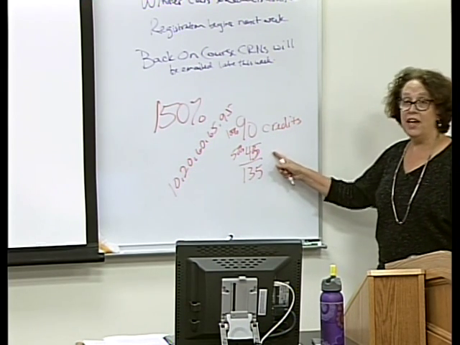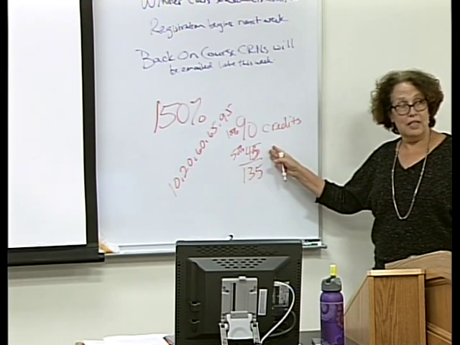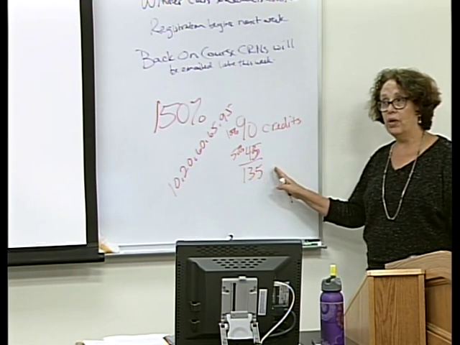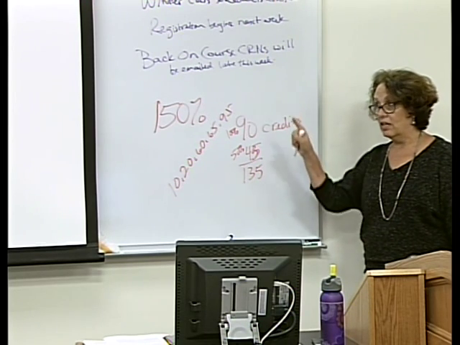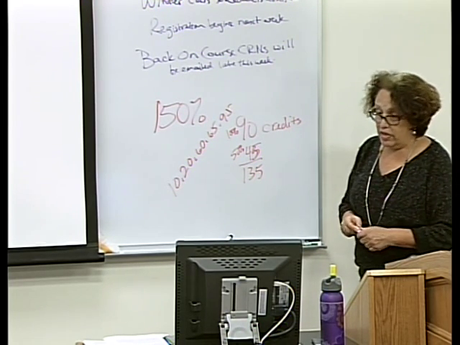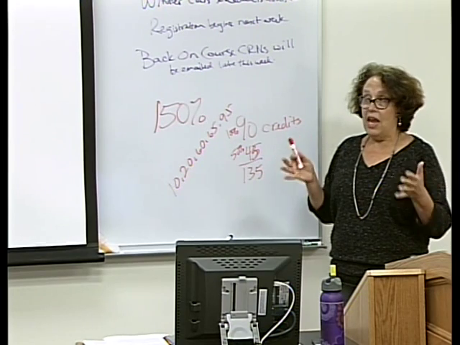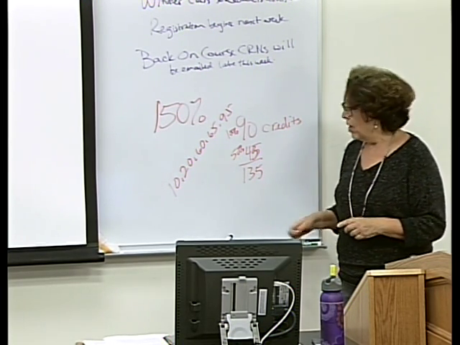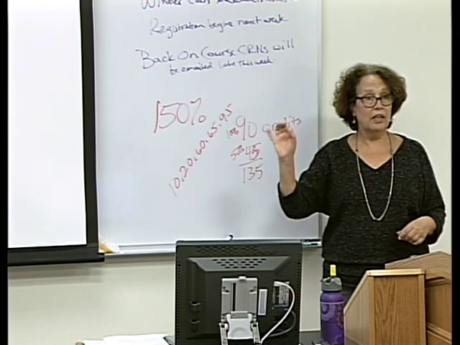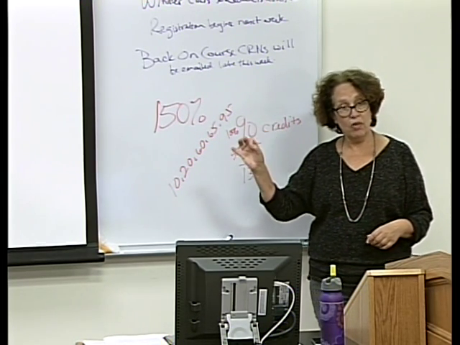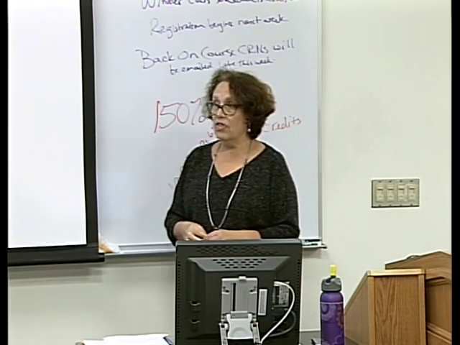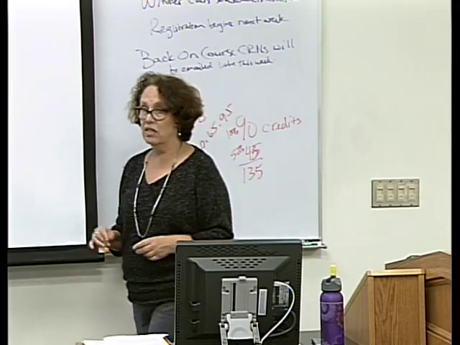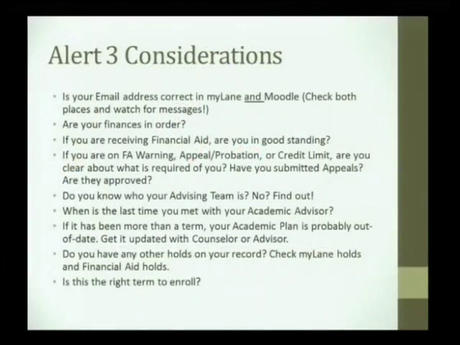So when the financial aid office sees that you're starting to hit credit limit, or that you might not be able to complete your degree within this 135 credits or the 2.0 GPA, they have to inform you, and there has to be a clear plan about what you're going to do. So if you have a credit limit letter or a credit limit notification, start taking care of that today. You need to take care of that immediately to be able to come back to school winter term.